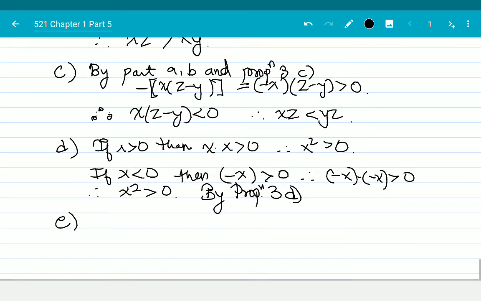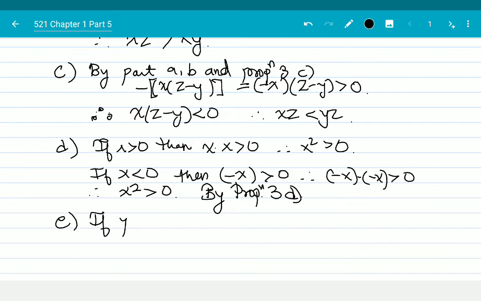And now for the final part, part E. If y is greater than 0 and x is greater than 0, I'm only going to prove this case. I'm not going to bother about the negative case. Actually, let me say this.